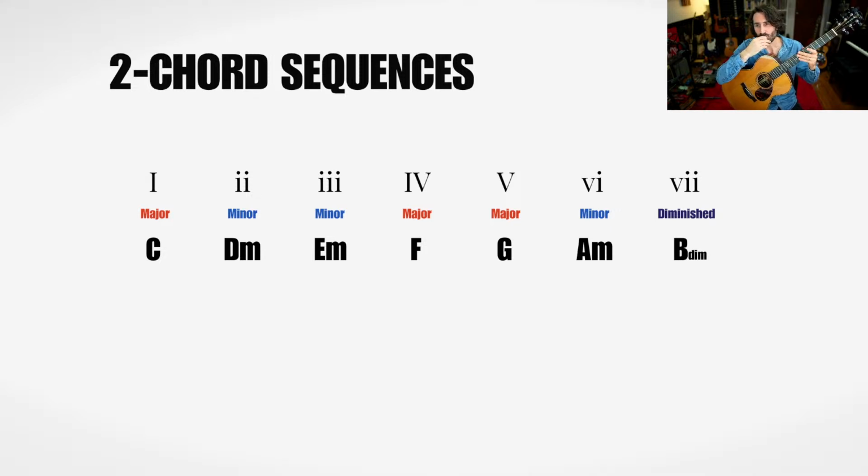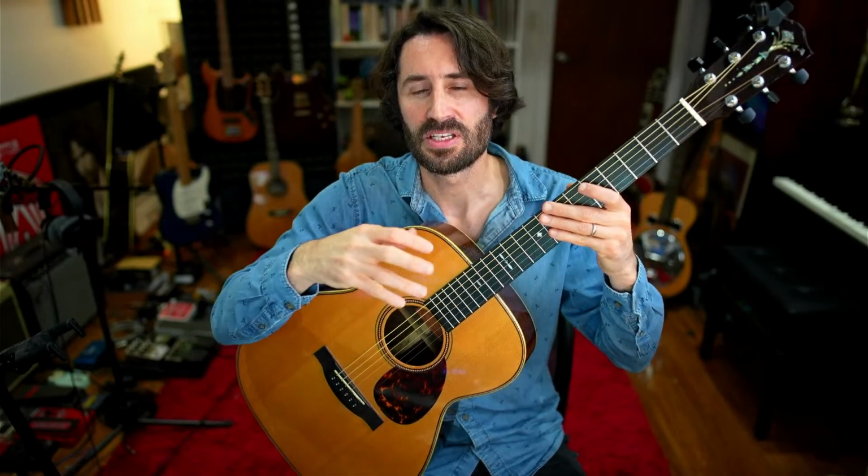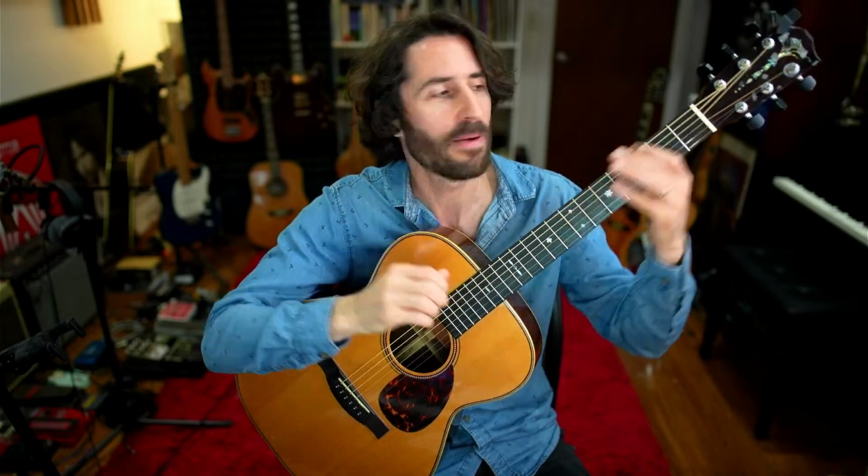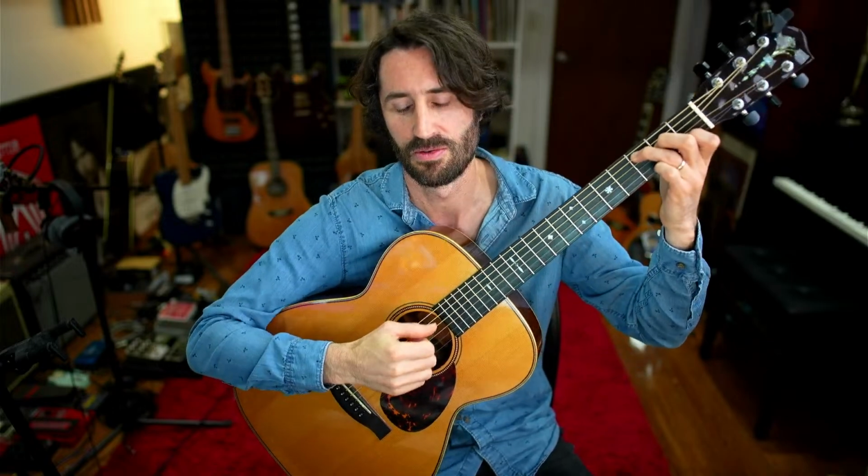So if we're going to start creating these two chord sequences, how do we get control over our choices, given that all of these chords work together really nicely? If I just select any of those chords and play them in a particular order, they're going to sound pretty good. So we've got a C chord.